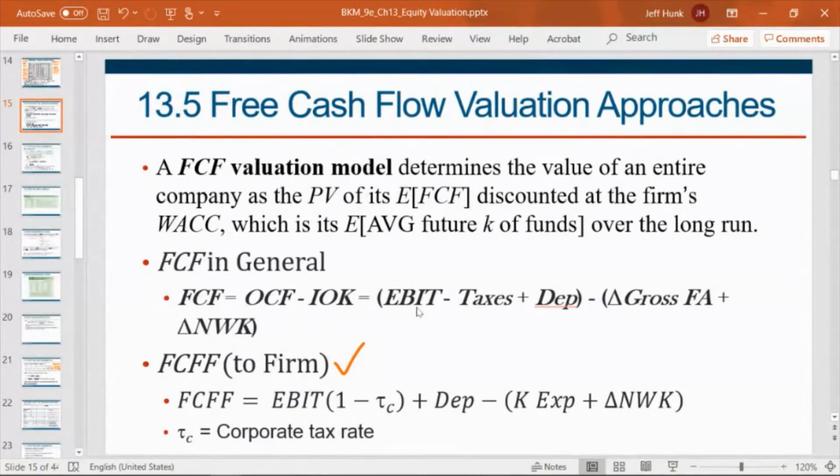And taxes are not the cash flow available to the firm, so you have to subtract it. Make sense? But then why do you add back depreciation? This requires some thinking.